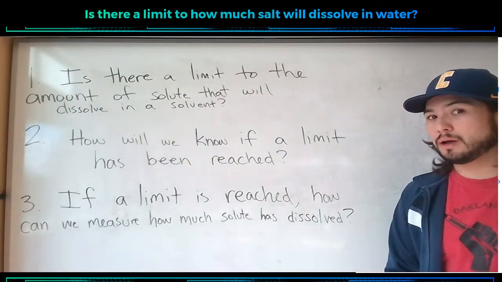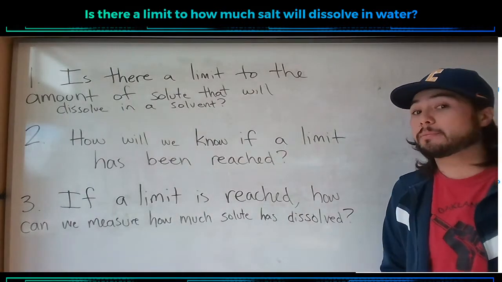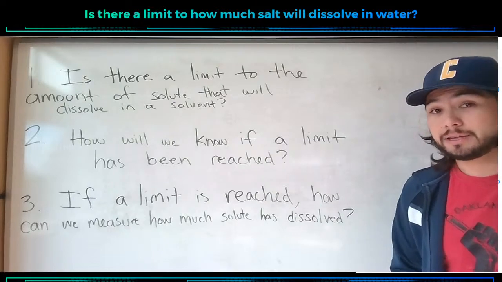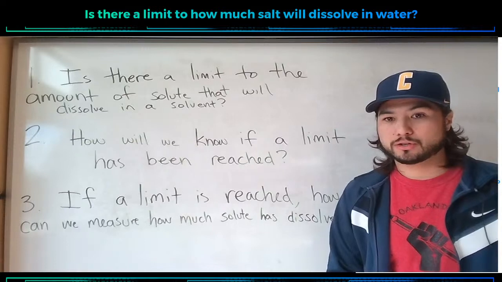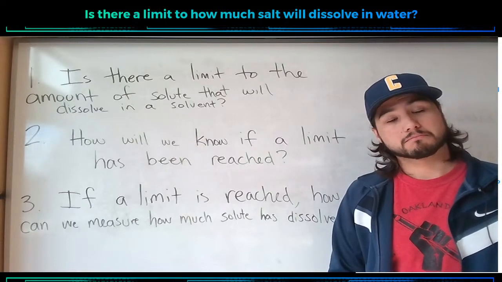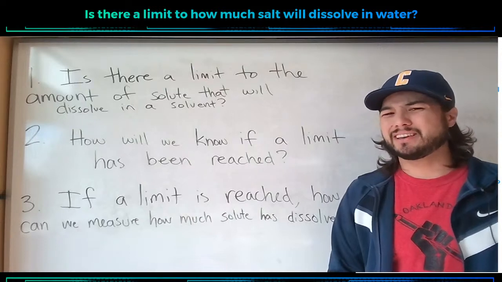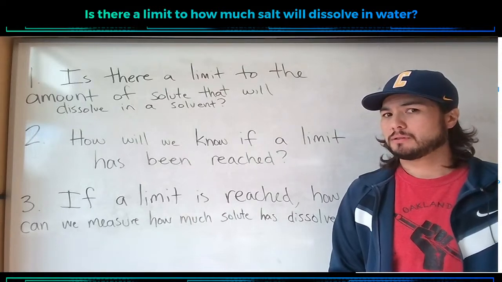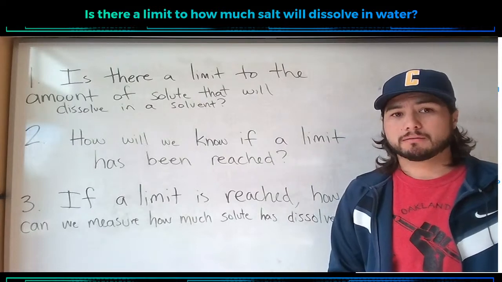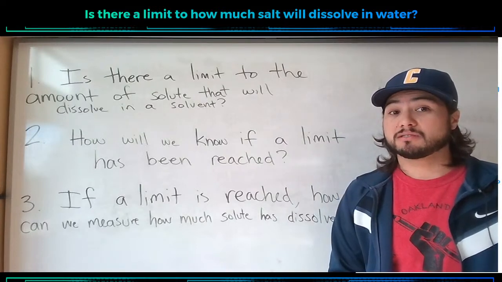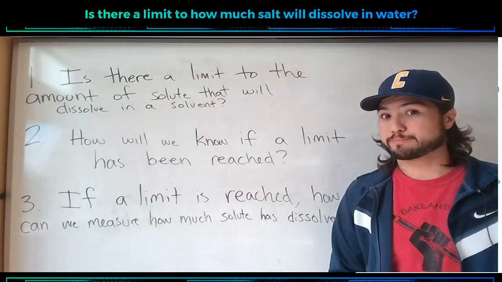How do we know, or how did we know, what did we observe, what evidence was there that a limit has been reached? What did we see, what did we observe that led us to believe that a limit as to the amount of solute that will dissolve in a solvent has been reached?